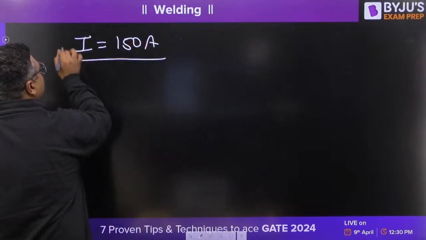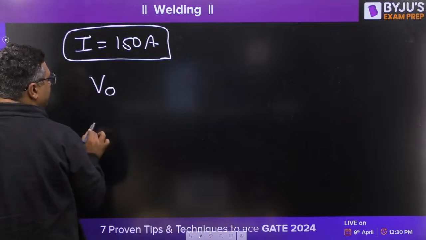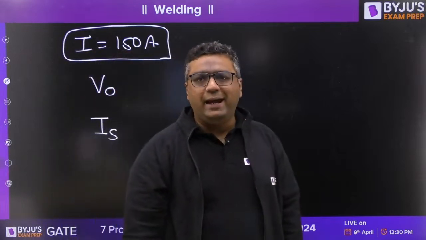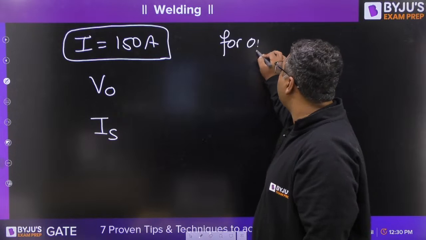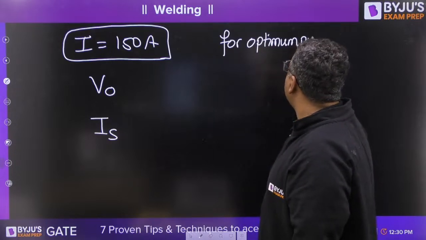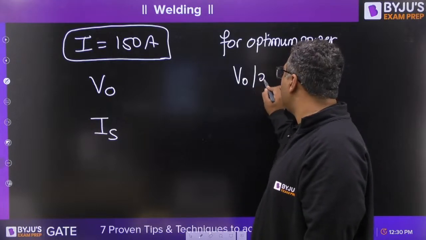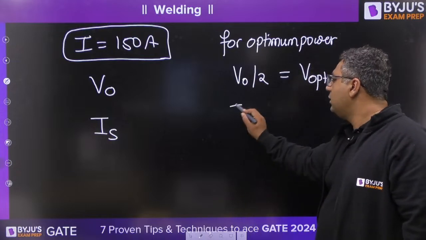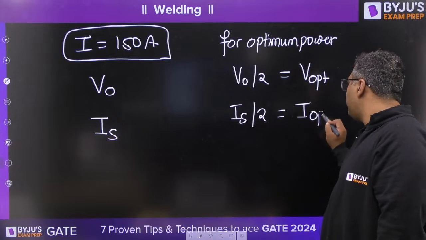But now I give you the thumb rule. If we have open circuit voltage as V0 and short circuit current as IS, and someone asks you for optimum power, then V0 by 2 will be the voltage for optimum power, and IS by 2 will be the current for optimum power.